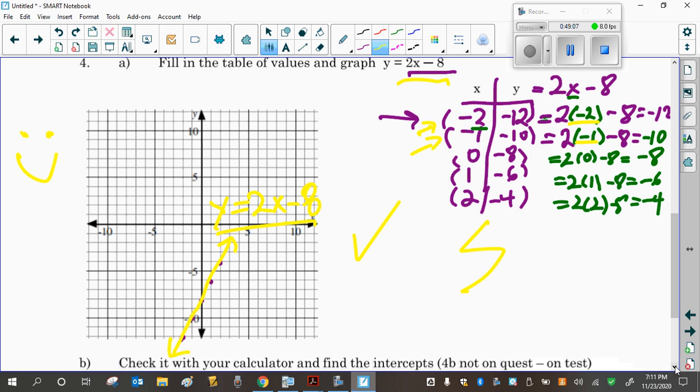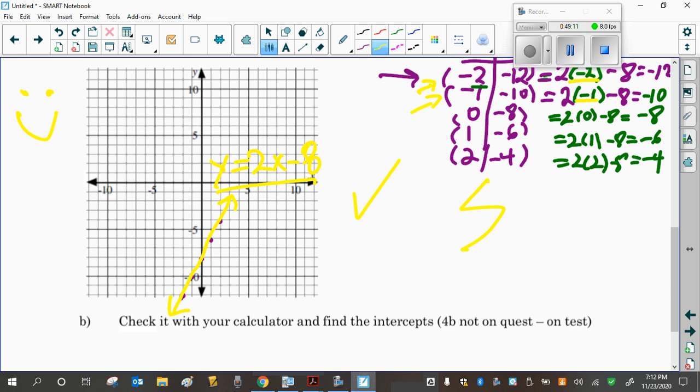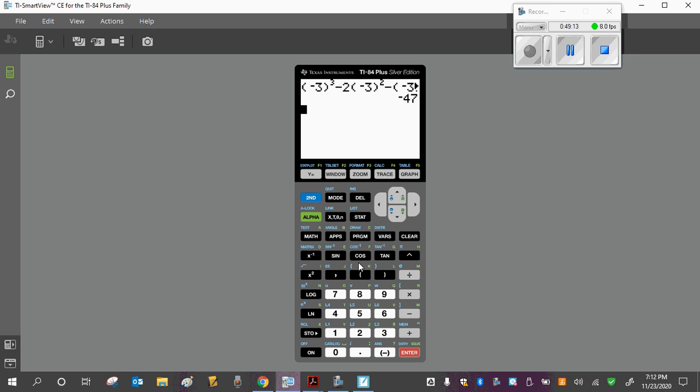Okay, check our graph. 2x subtract 8. I wish I could have this on the same screen. Y equals 2x subtract 8. Graph it. And if it's not on the right window, press zoom 6. Mine's on the right window.